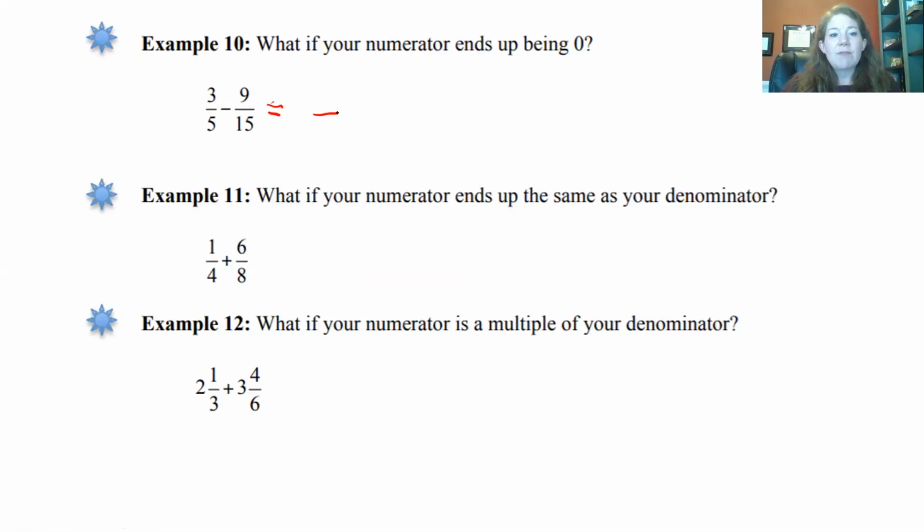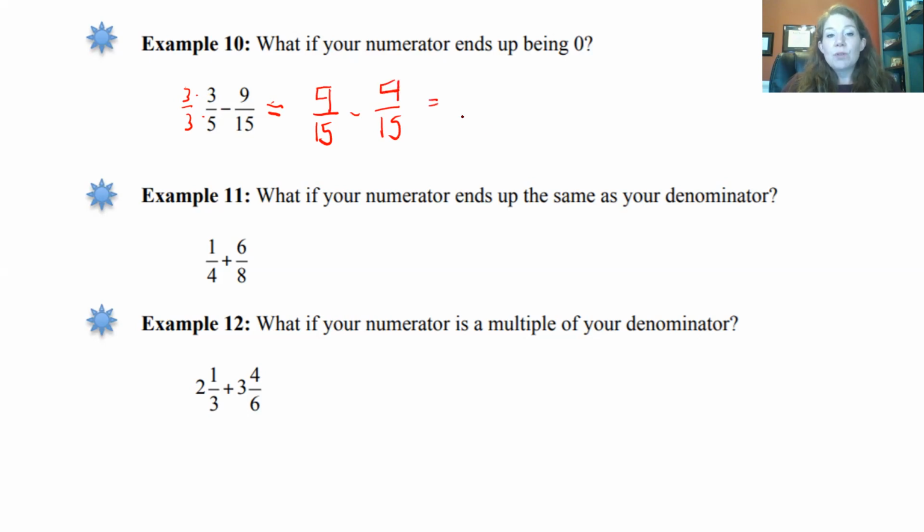All right, so since 5 will go into 15, we're going to use 15 as our denominator. So 5 times 3 is 15, so we're going to multiply the numerator also by 3. So 3 times 3 is 9. So then our first fraction is 9/15, and our second fraction that we're subtracting is 9/15.